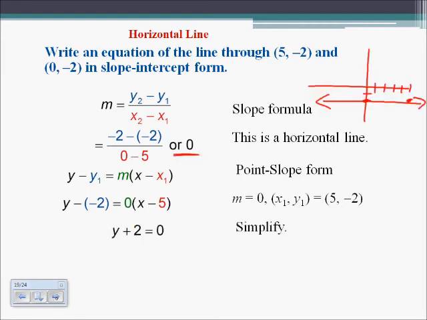So therefore we have y plus 2 equals 0, and then we subtract 2 on both sides to get our equation, y equals -2. It is the case that this is in slope-intercept form by being just a y equals equation. Again, we knew from before that y equals equations were the horizontal lines. Final answer for that was y equals -2.